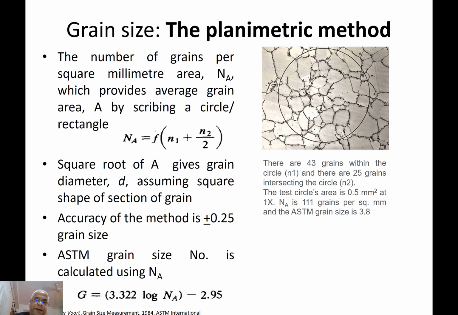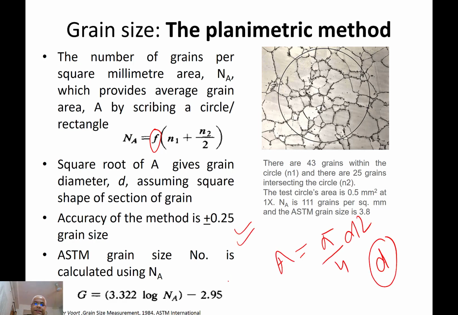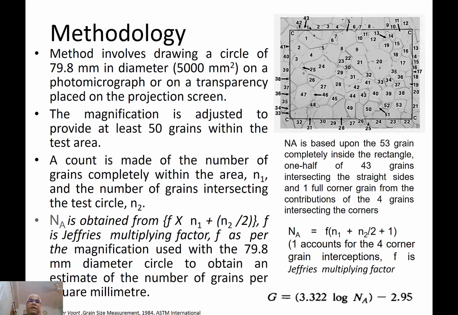Now, to take care of this f, we need to see a little more detail in the subsequent slides, and this is the equation which is used to calculate the ASTM grain size number. Now, as I have said, this method involves drawing a circle of known diameter of 5000 square on the photomicrograph or on the transparency placed on the projection screen.